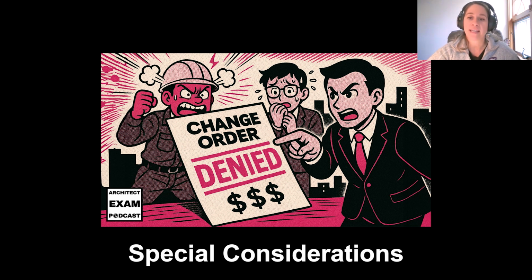If the project is a design-bid-build project, there is a clear separation of design and construction responsibilities, which may lead to more claims based on design issues. But if the project is a design-build delivery method, it actually has a single point of responsibility because the designer, the architect, and the builder are working together.